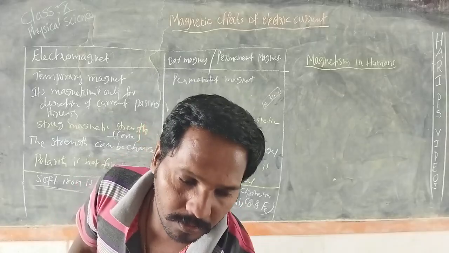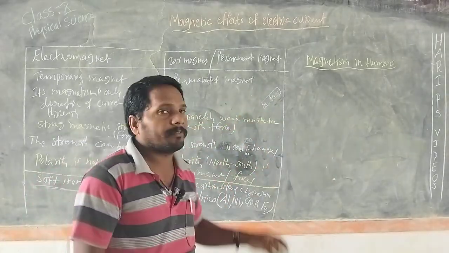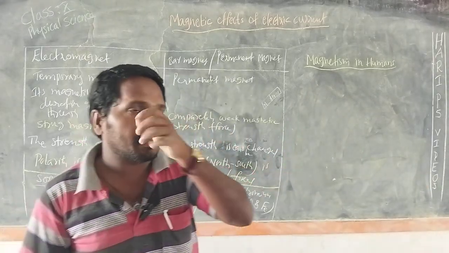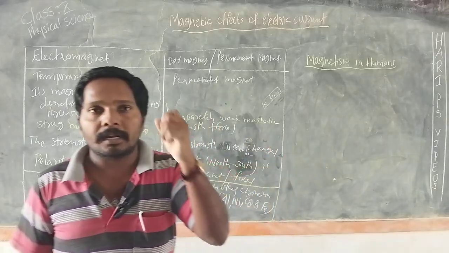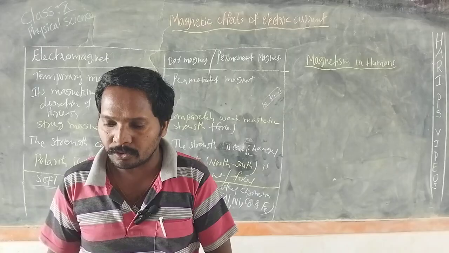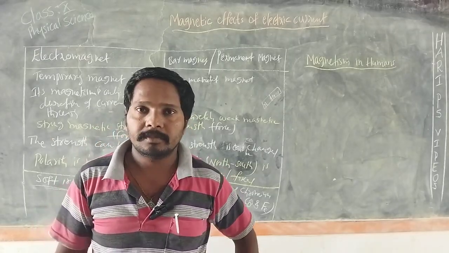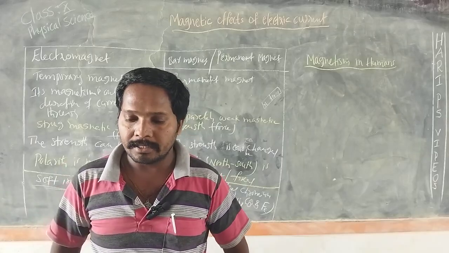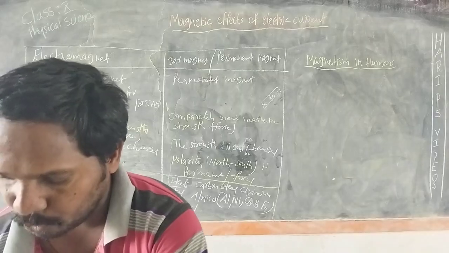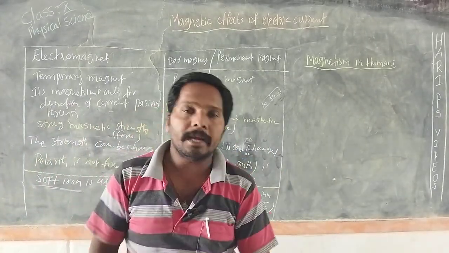If I want to touch an object, the required electric signals or impulses are transferred to muscles, and these electric impulses also create temporary magnetism in the body. The magnetism produced in the human body is very weak when compared to Earth's magnetism.